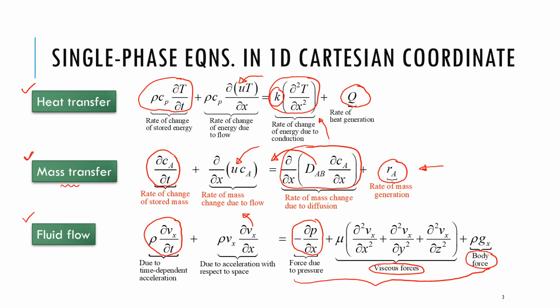A much more general version of these equations in various coordinates and full form of each term can be seen in pretty much any standard transport phenomena textbook, so I'm not repeating those here.